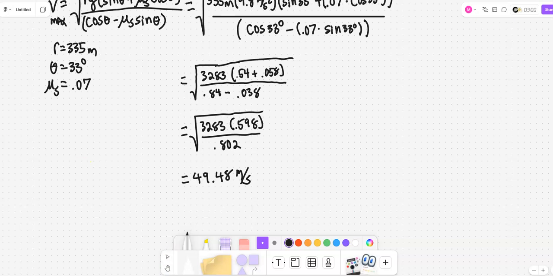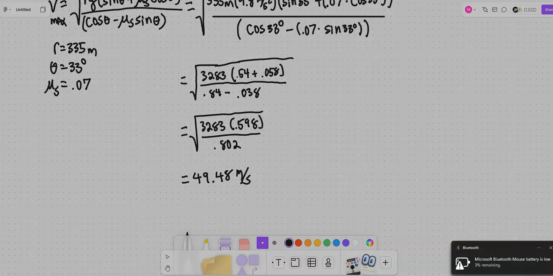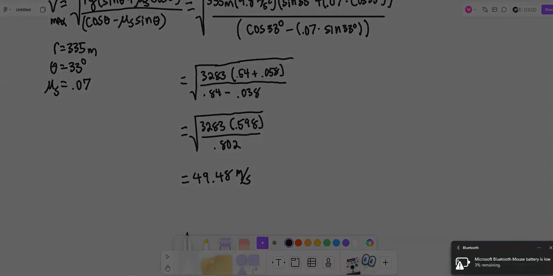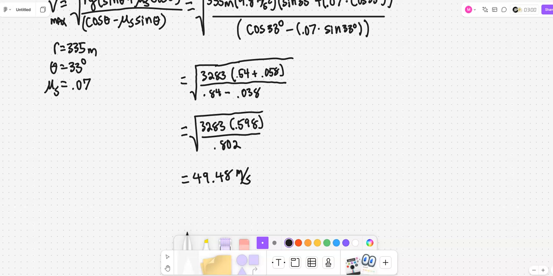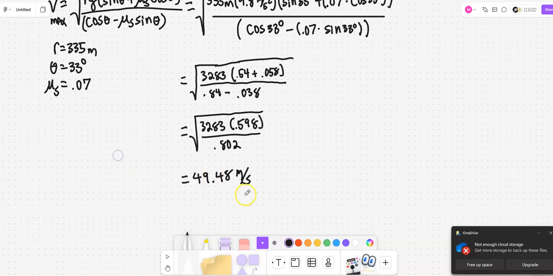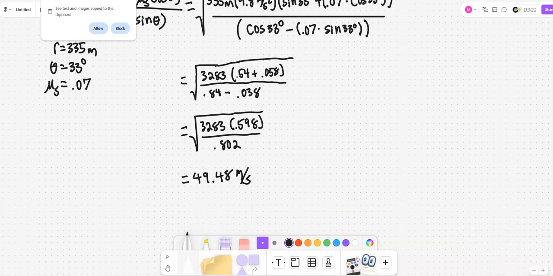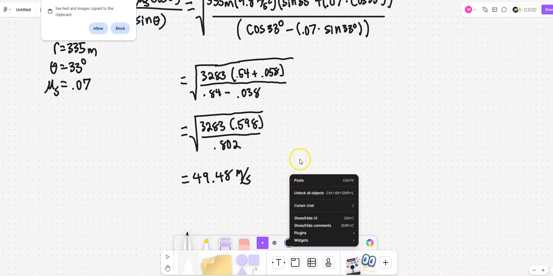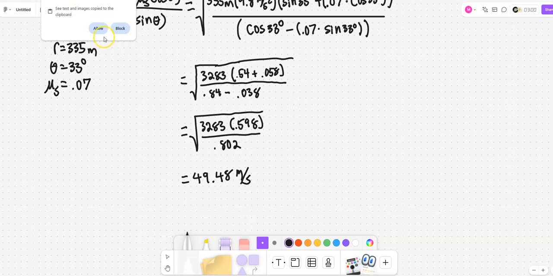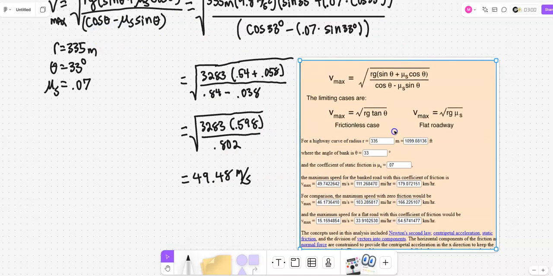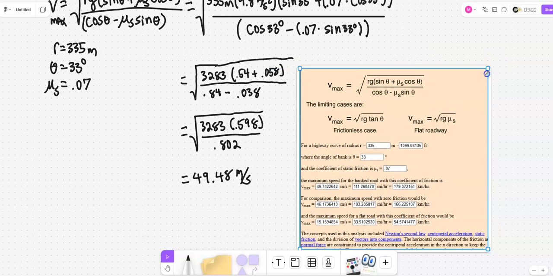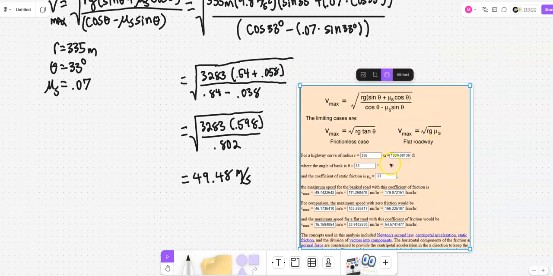Let me check that against HyperPhysics. Oh, I guess I have to allow that. 49.74, close enough.